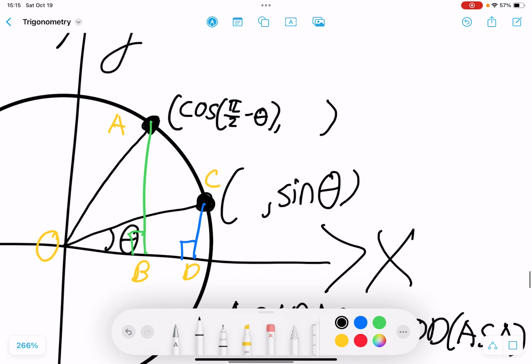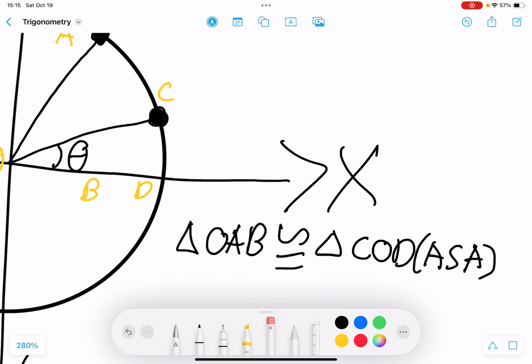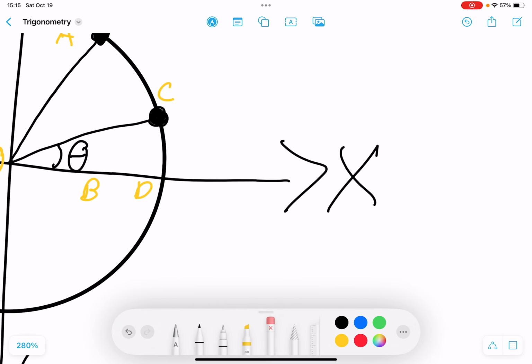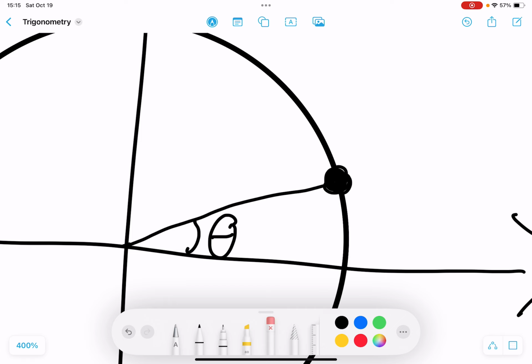Another property that is pretty easy to ignore but is actually important is the Pythagorean theorem property. Let's keep these sides. We know that the x coordinate squared plus the y coordinate squared would give us the hypotenuse squared, which is just 1.